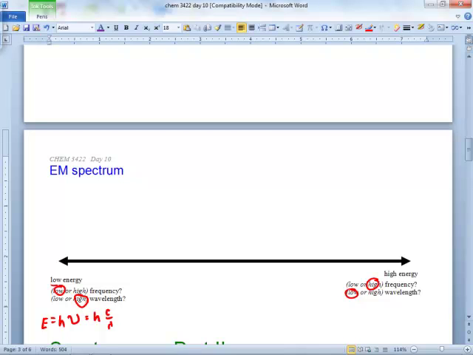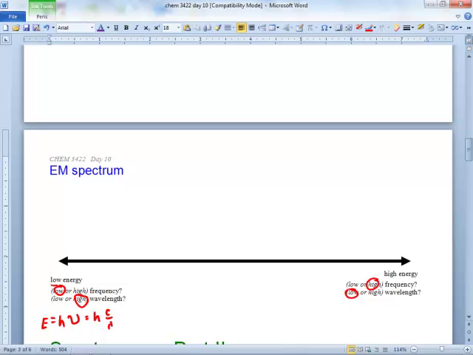So let's throw some stuff on here, Adriana. The electromagnetic spectrum. Give me a region and tell me where to stick it. Be nice.